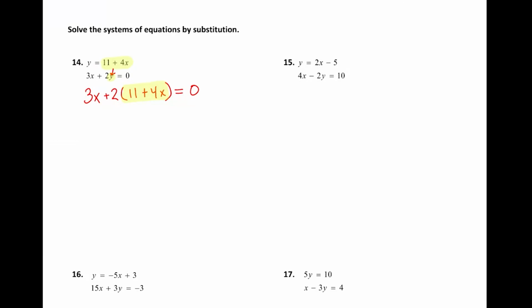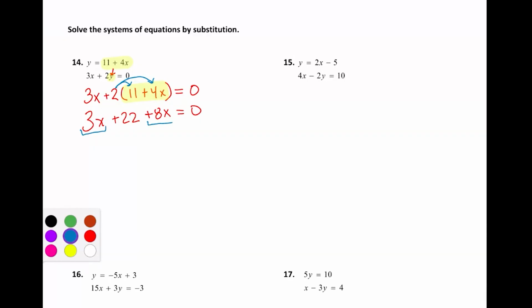So I'm going to first distribute the 2, giving me 3x plus 22 plus 8x equals 0. Now I'm going to combine like terms. I've got 2 like terms here, the 3x and the plus 8x. That's 11x.